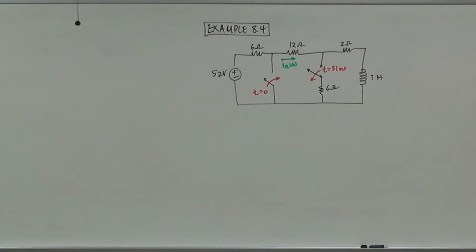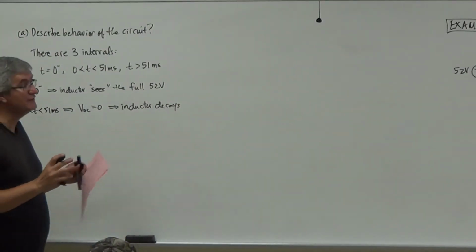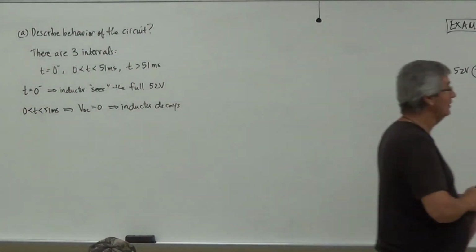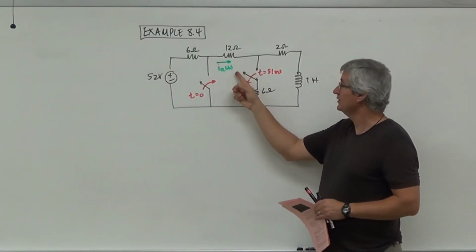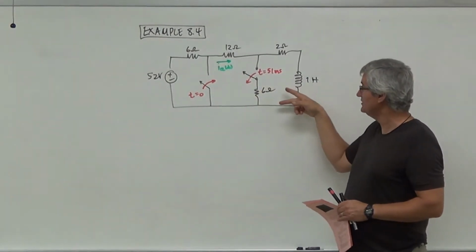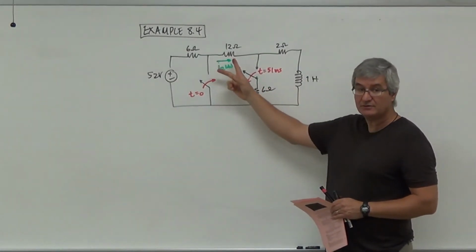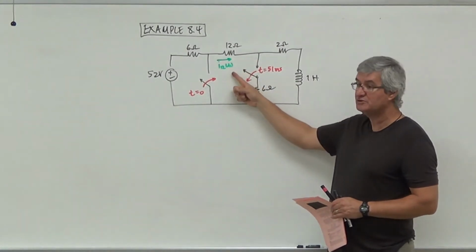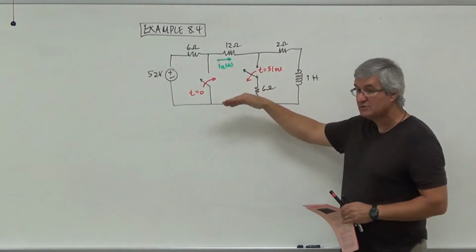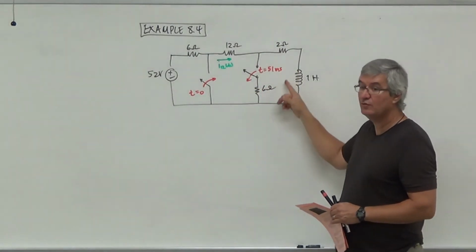There's no source, so this implies that the inductor decays. As the inductor decays, there's a division of the current. The 12 ohm resistor is only seeing part of the current. As soon as this thing opens, it's seeing the full current.